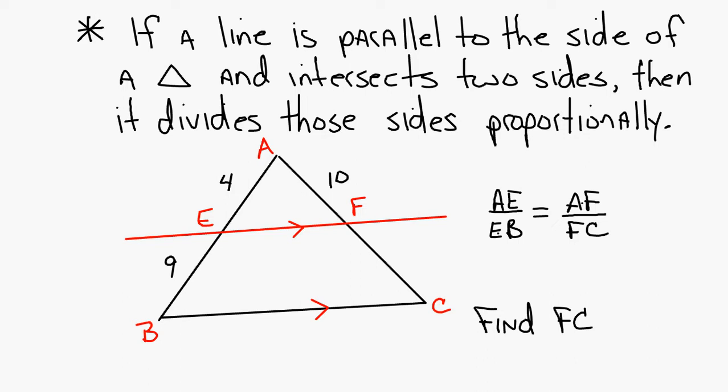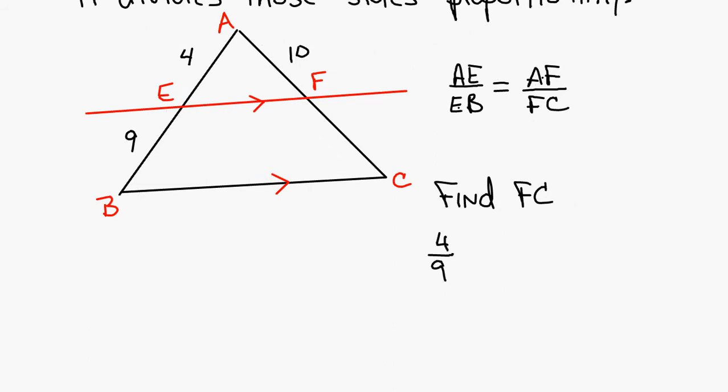So the rule says that 4 over 9 is going to be equal to 10 over whatever F to C is. You can make it a variable if you want, or you can just call it FC. And then when you're solving for a missing term or variable in a proportion, you crisscross multiply.